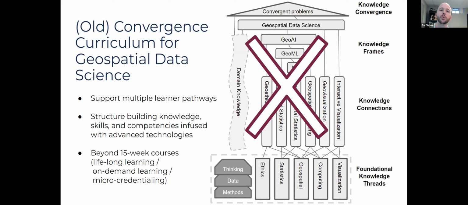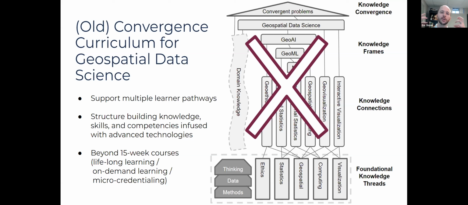So this is the way the curriculum is constructed, to support these multiple learner pathways. Really, what we want to do is structure it such that you build knowledge, skills and competencies that are infused with these advanced technologies. We're trying to get the platform to be an active component of the knowledge and skills building, an enabler as you're learning, so that you become comfortable using a lot of these technologies.